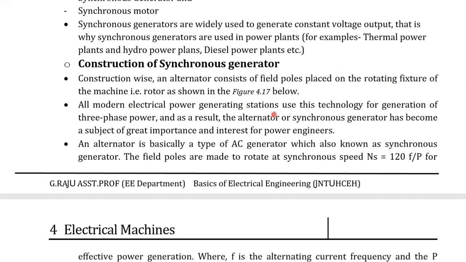In a DC machine, the field winding is stationary and the armature winding is rotating. Am I right? The armature winding is placed on the rotor and the field winding is placed on the stator in DC machines.